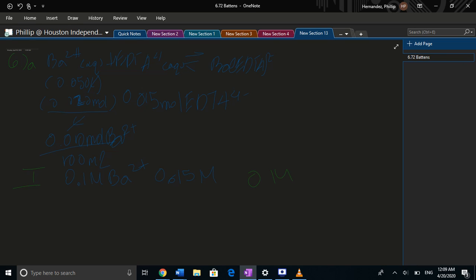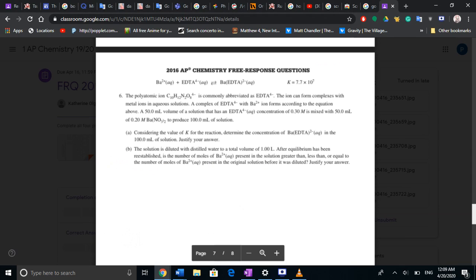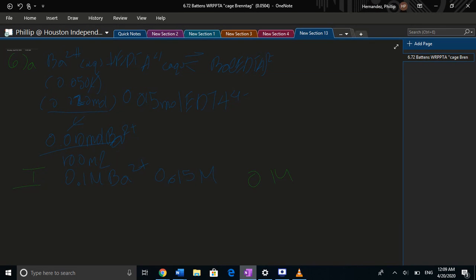We can already establish stoichiometric coefficients, but also understand that because our K value, the equilibrium constant, is so big, 7.7 times 10 to the 7th power, that's in the millions, we just have to establish that our reaction goes completely in the forward direction, meaning that our reactants are completely consumed.